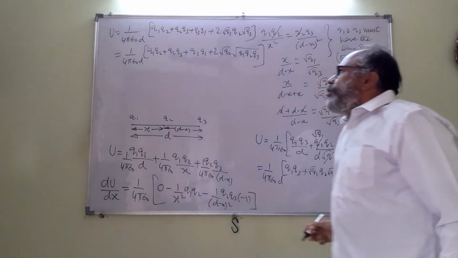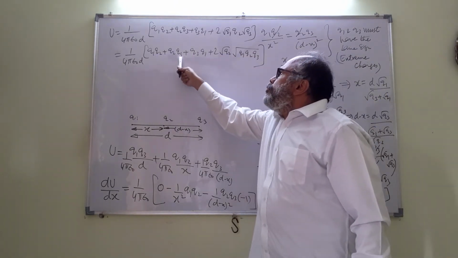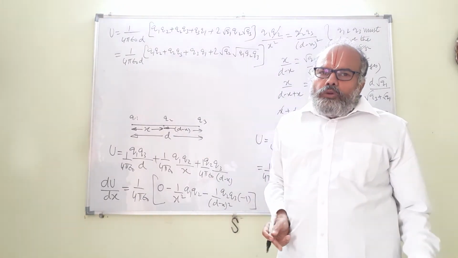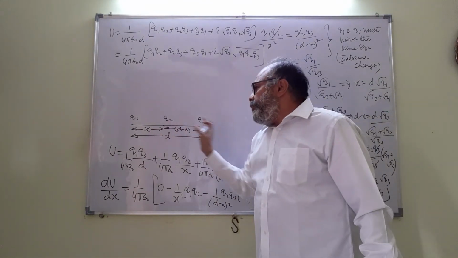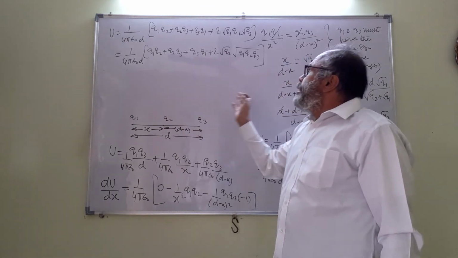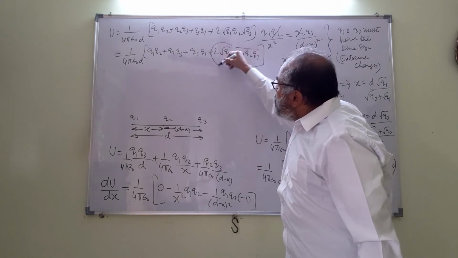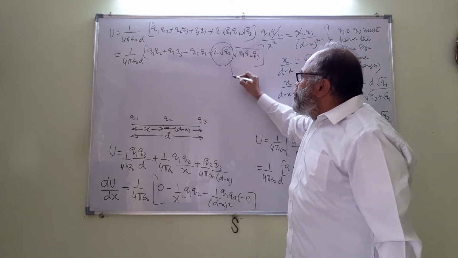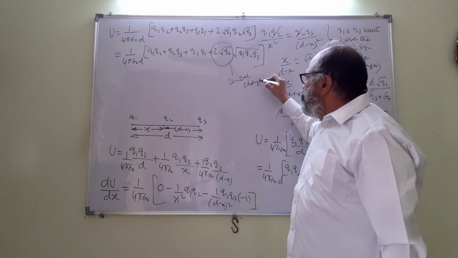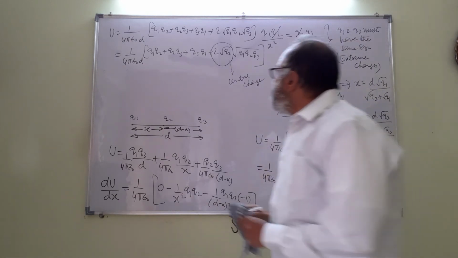From this expression, it is seen that Q1 Q2, Q2 Q3, Q3 Q1 and root of Q1 Q2 Q3 are going to be the same irrespective of wherever you place Q1, Q2, Q3. Whether you place Q1 at the center or Q3 at the center, it doesn't matter for these terms. But for this, you have the central charge playing an important role. So we have to focus our attention on the central charge.